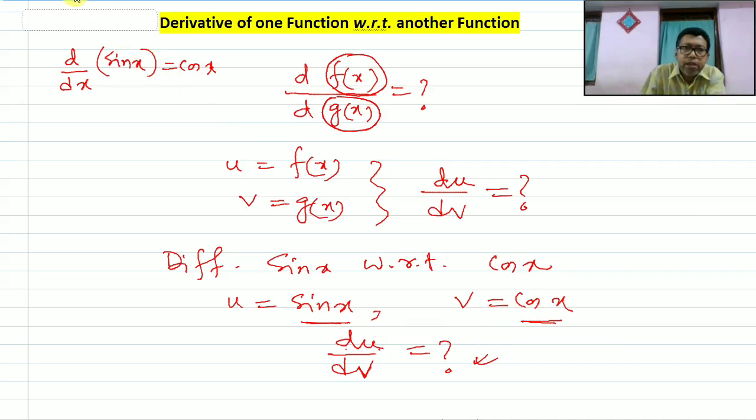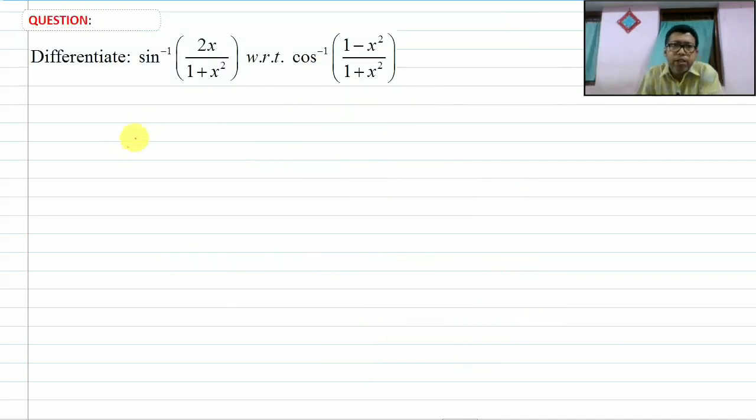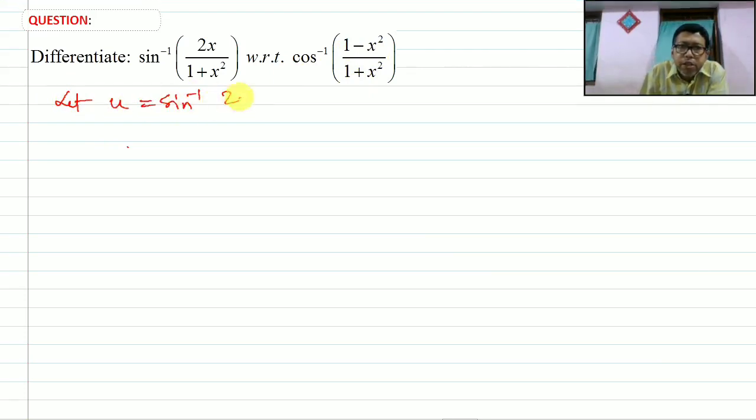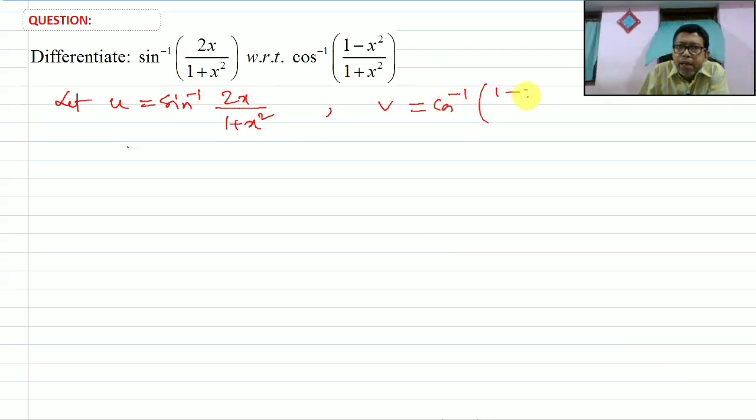Take the first example. Differentiate sine inverse of 2x divided by 1 plus x square with respect to cos inverse of 1 minus x square divided by 1 plus x square. As earlier said, consider u is equal to sine inverse of 2x divided by 1 plus x square, and v is equal to cos inverse of 1 minus x square divided by 1 plus x square.